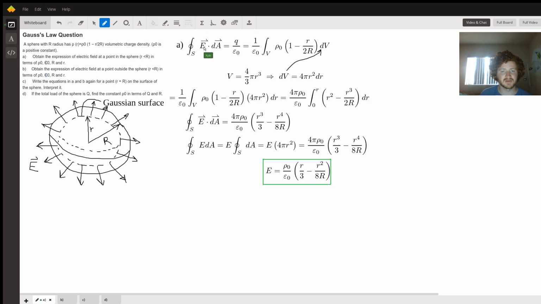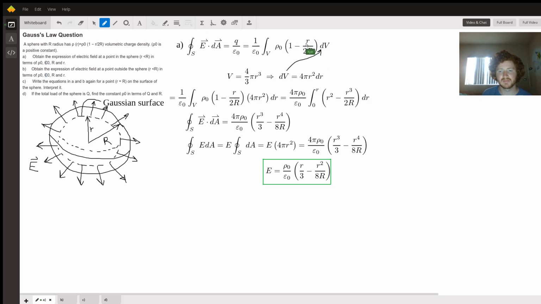Okay, so if you write out Gauss's law, it is the surface integral of the dot product of the electric field and the differential area element vectors, and that's equal to the charge contained in the Gaussian surface, Q, divided by epsilon naught, the permittivity of free space. We pull out this epsilon naught, and we're solving for the charge, so we're integrating the charge density over the volume.